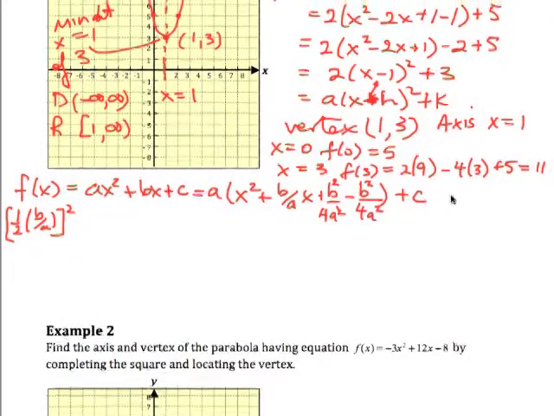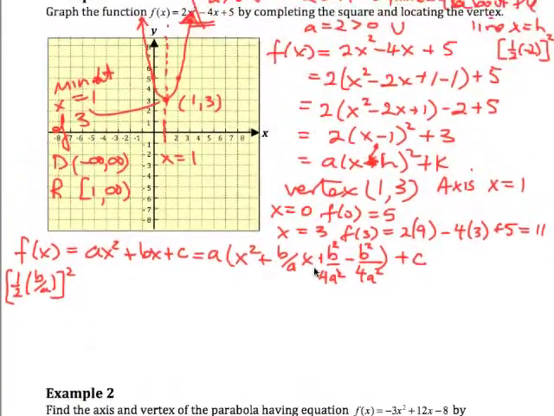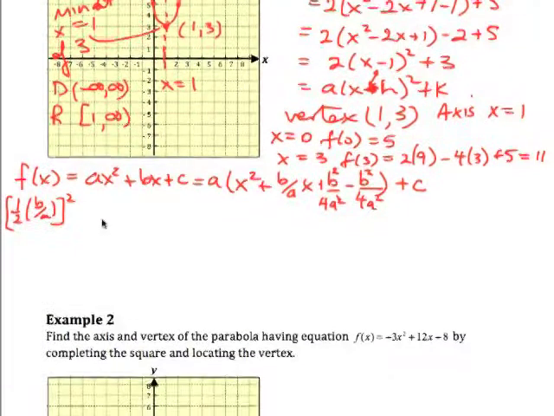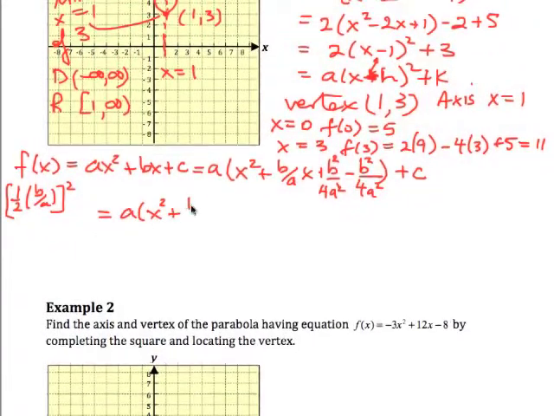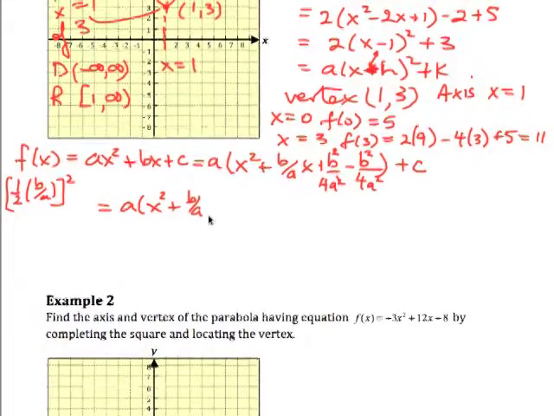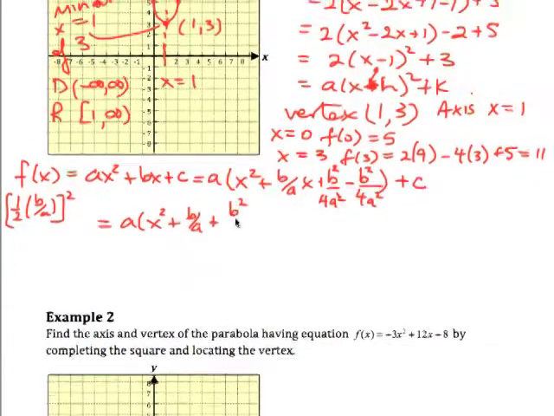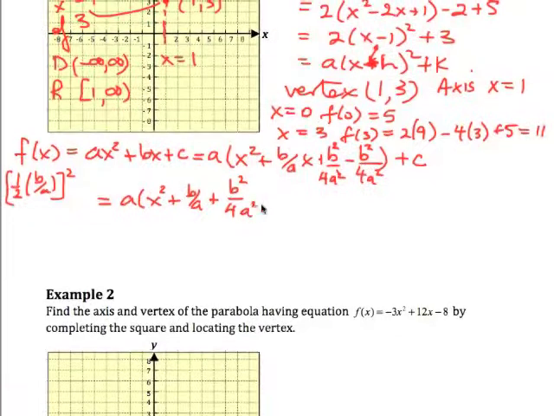4a squared. Now, like we did up here, I want to get this part out of the parentheses. So this will be a by x squared plus b on 2a plus b squared on 4a squared.